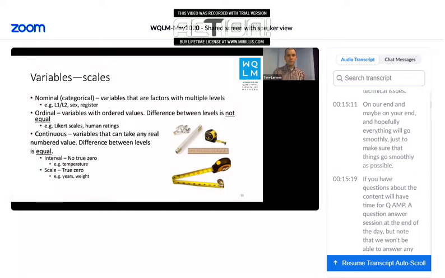We have two different types of those. So both of these types, the difference between the levels of the variable are equal to each other, those gaps. However, the interval scale has no true zero.